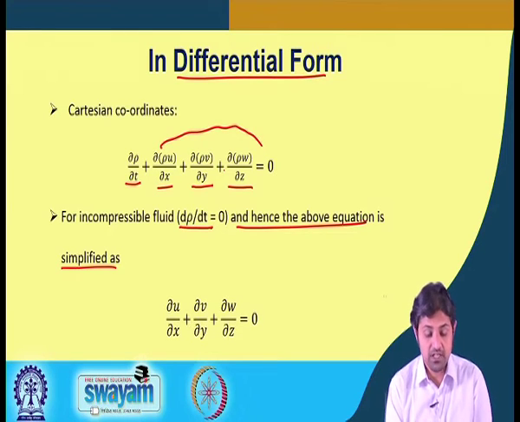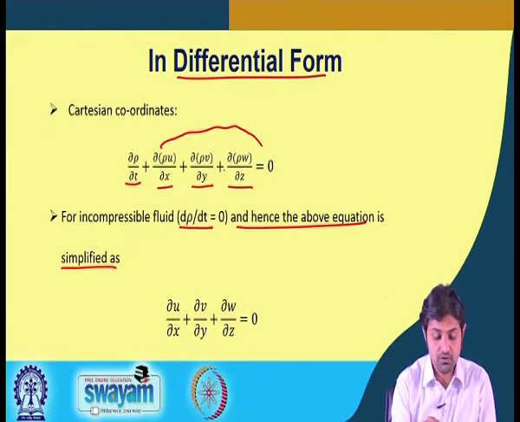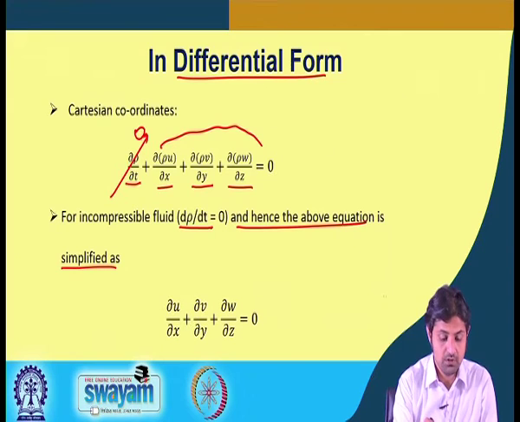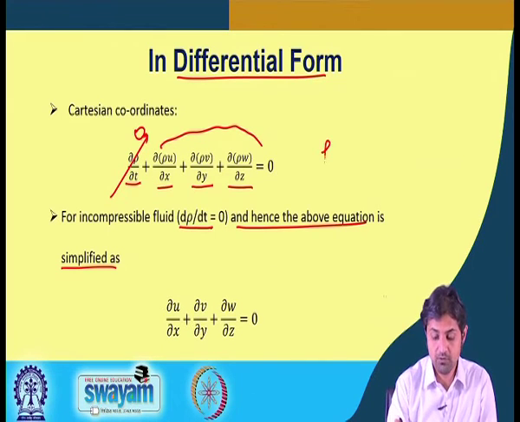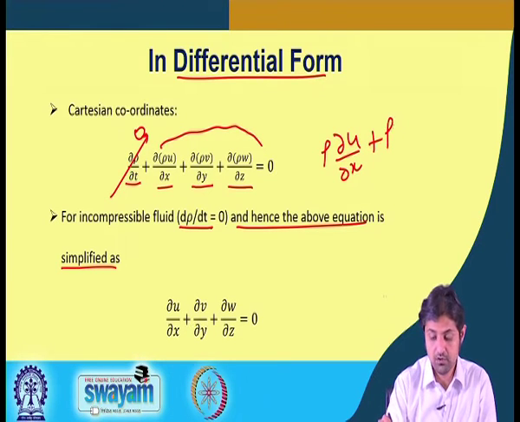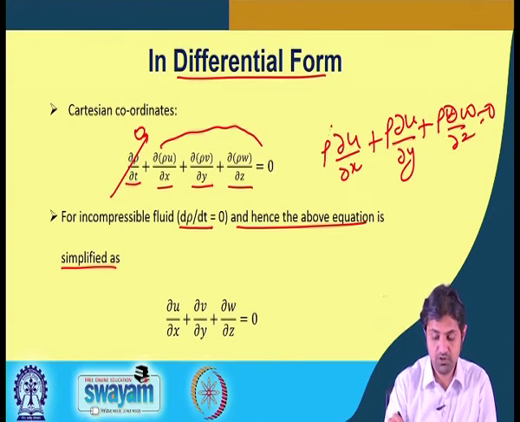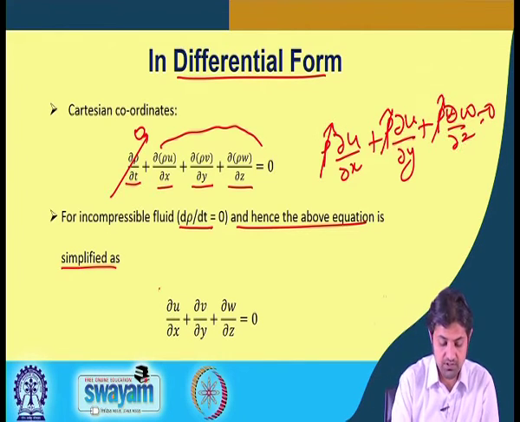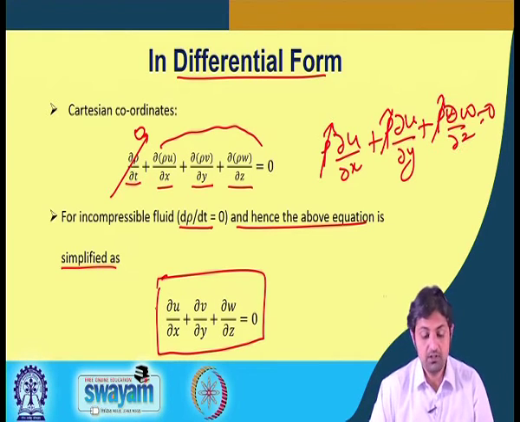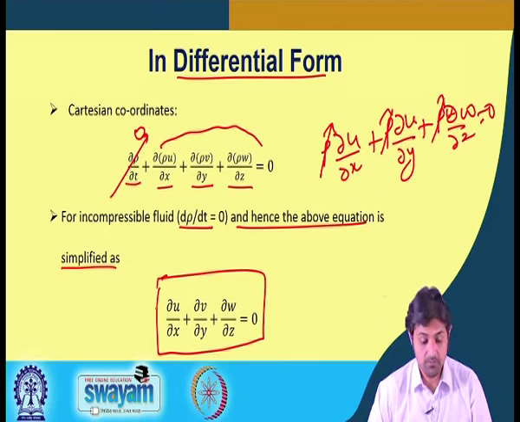Therefore, this will go to 0, rho will come out, so it will become rho del u by del x plus rho del v by del y plus rho del w by del z is equal to 0, and if rho is not equal to 0, it can be cancelled from both sides. So, this is the continuity equation in the differential form.